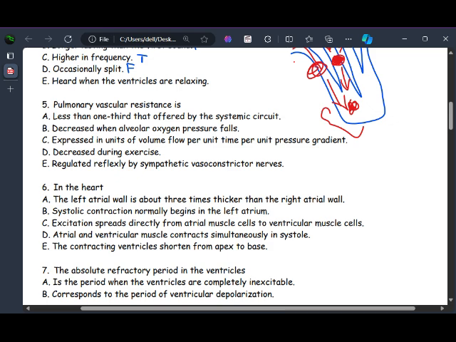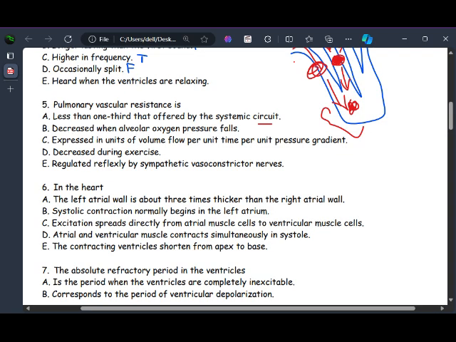They need to offer a large surface for gaseous exchange, so a lot of blood has to pass through it. So the vascular resistance in the pulmonary circuit is very low compared to that offered by the systemic circuit. So it's just less than one third that offered by the systemic circuit. Hope that makes sense.